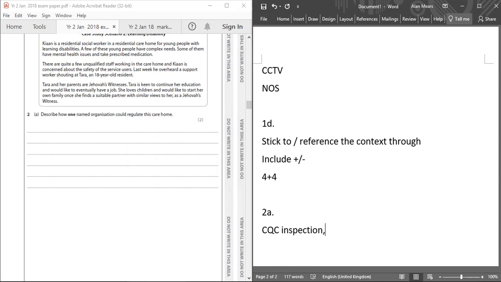So the CQC is the inspector, the regulator of care settings. So for this question, they want 2 things. And because I've asked you to name an organisation that would regulate, my expectation would be that they want you to then explain something they do to regulate the care home.